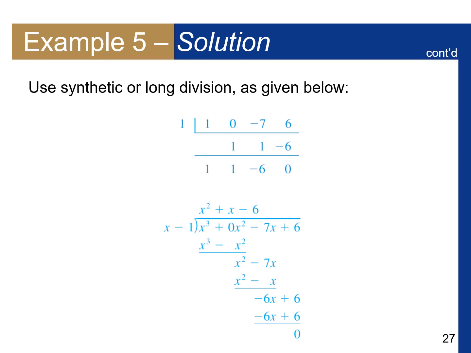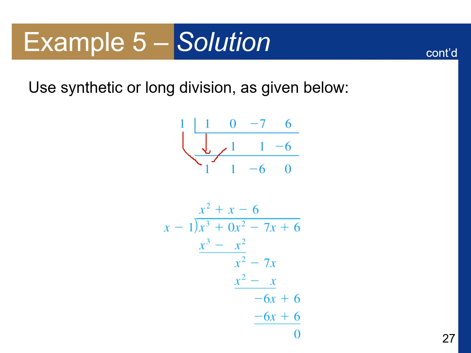Now we could have done this by using synthetic division right away. So here's my 1, my 0, my -7, my 6. I want to find out if this is in fact a factor. So I'm going to bring the first one down and then multiply together and bring it up here.